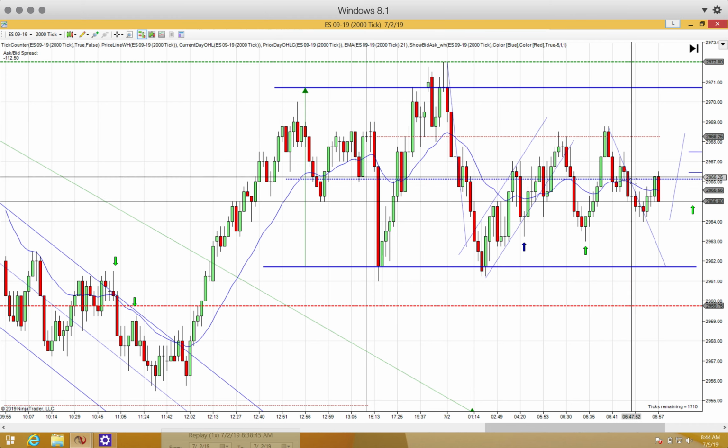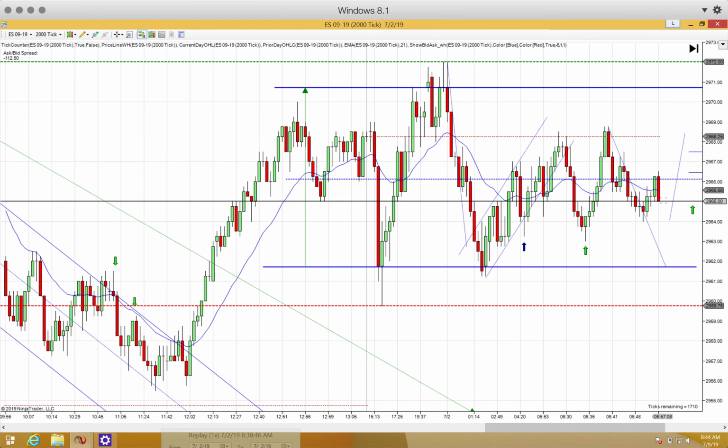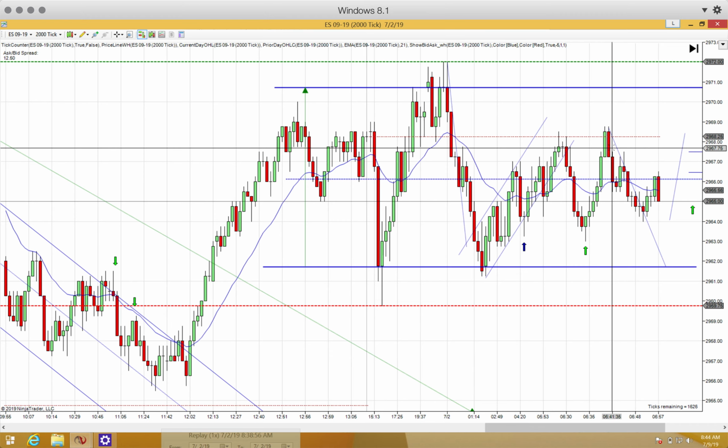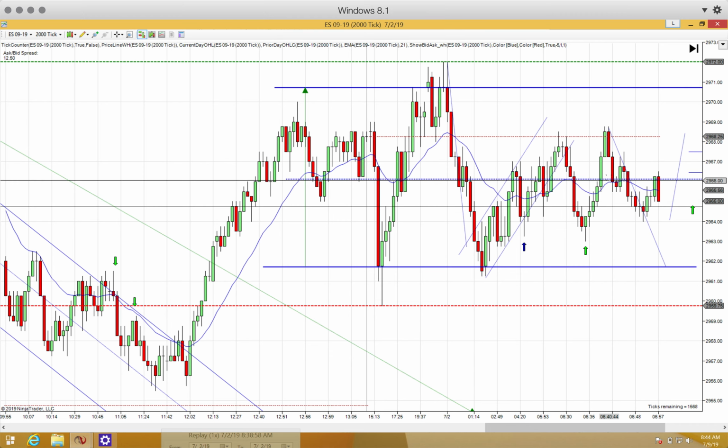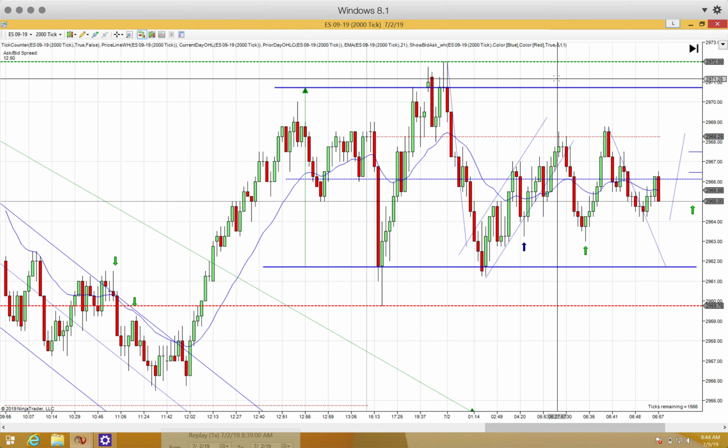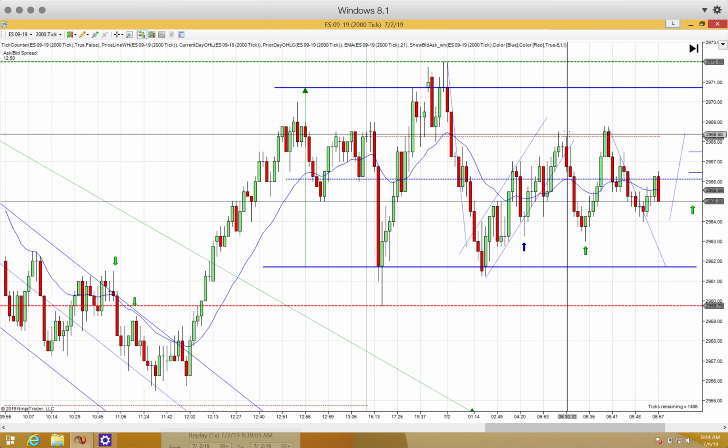It's technically it, but it's not the right place to take it. That's a placement error. It looks great, but you wouldn't want to. The same reason why I took this, it hasn't been fulfilled yet, even though we had the break higher and then a move one tick higher and then a reversal.